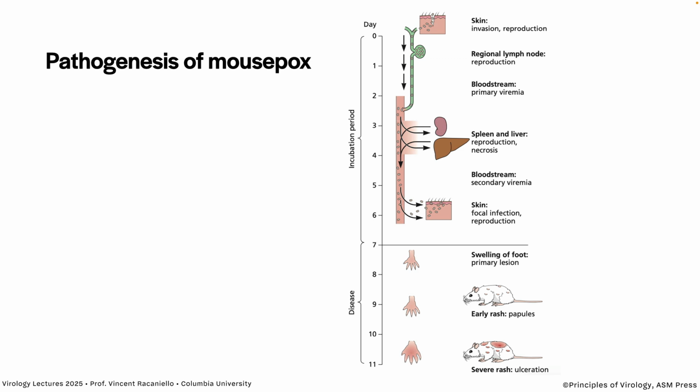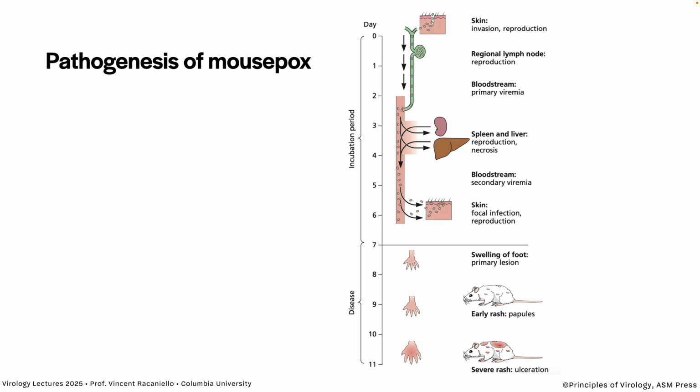So other mice have deposited viruses in the leaves and everything, and they pick it up. So this is a kind of approximation of that: we inject virus into the foot pad, okay? And that virus initially reproduces in the skin. We've injected it into the foot pad, so now it easily gets into the lymph system. It gets into the blood, makes a primary viremia. It seeds spleen and liver, reproduces there, makes a secondary viremia, and that brings the virus to the skin, and the mice get this severe rash, all right?